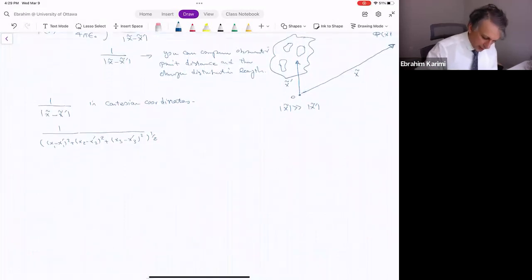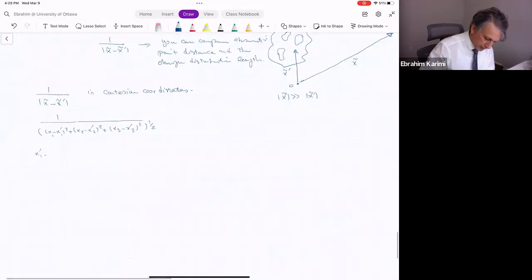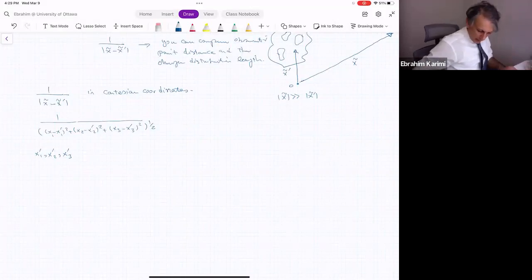Or let's do the expansions in terms of x prime 1, x prime 2, and x prime 3. This is also another option that we have to consider. And this is a function of this.